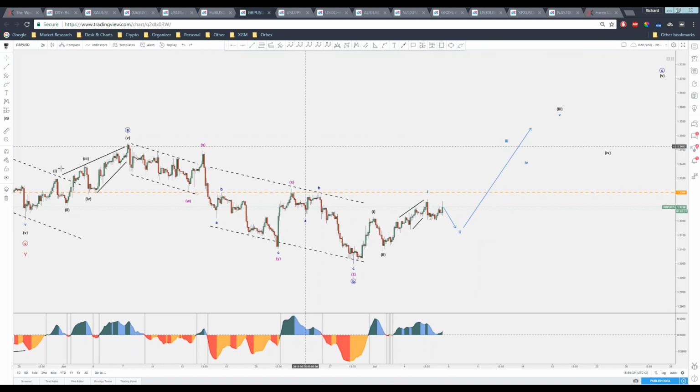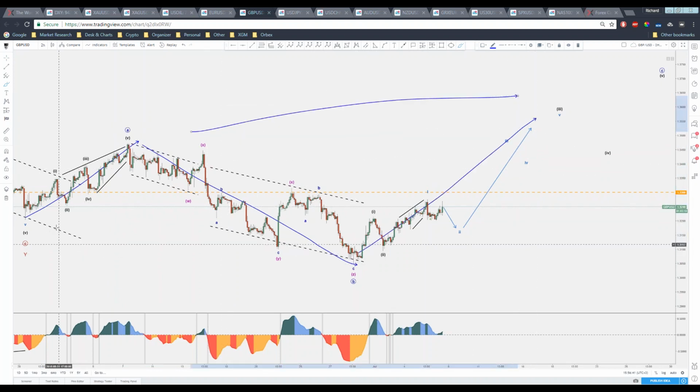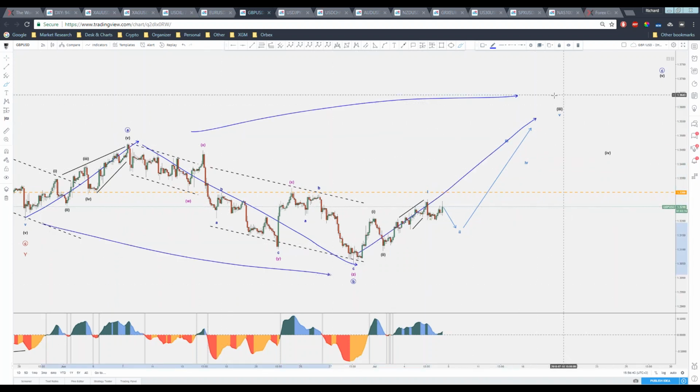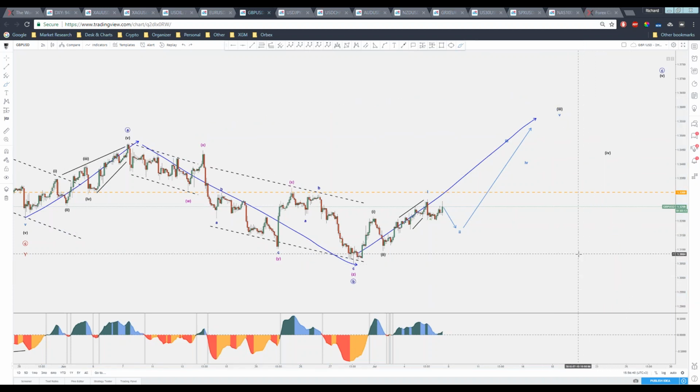Complex structure, by the way. Even here it shows a possible leading diagonal, but this move went lower than this, so it could turn out to be an expanded flat in a scenario like A, B, and then C, like this. Expanded flat. Not to say it's not supposed to go lower, right?